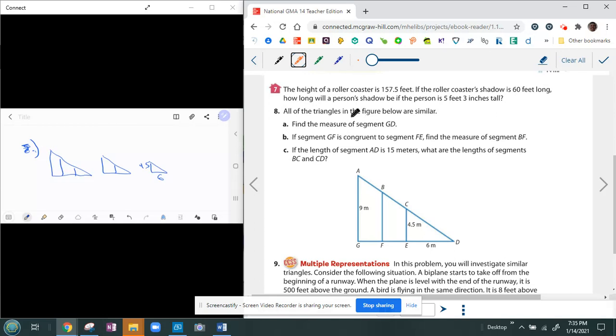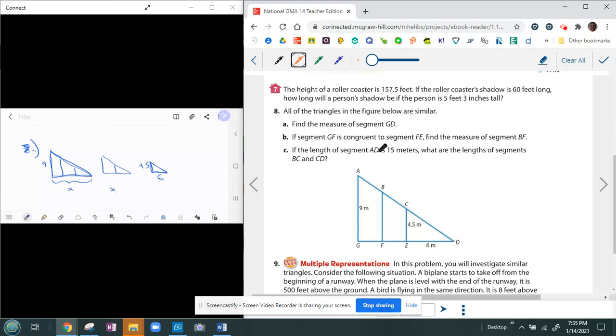so the first thing we're going to find is the measure of GD. So that's this measure here, and I forgot to label this 9. Okay, well, this big guy is similar to this little guy, and we're looking for that.